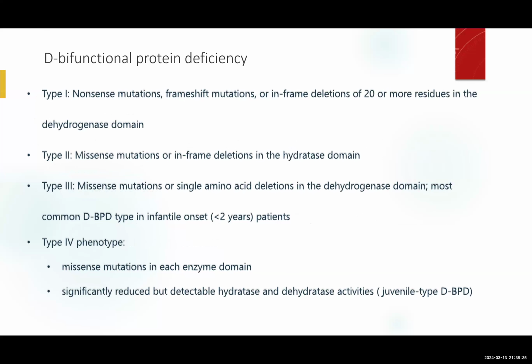Type 1 deficiency is caused by nonsense or frame shift mutations or in-frame deletions, type 2 is due to missense mutations or in-frame deletions, and type 3 is due to missense mutation or single amino acid deletions in the dehydrogenase domain. A type 4 phenotype has also been described with missense mutation in each enzyme domain with significantly reduced but detectable enzyme activity.